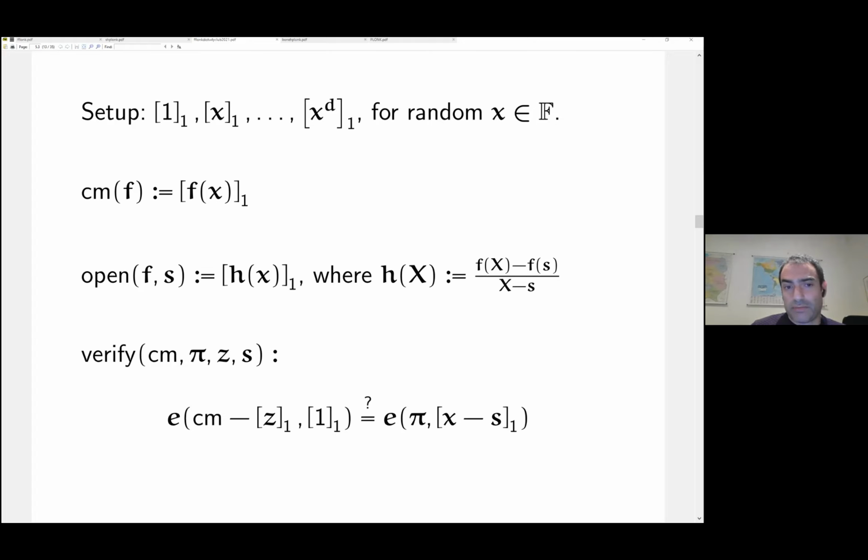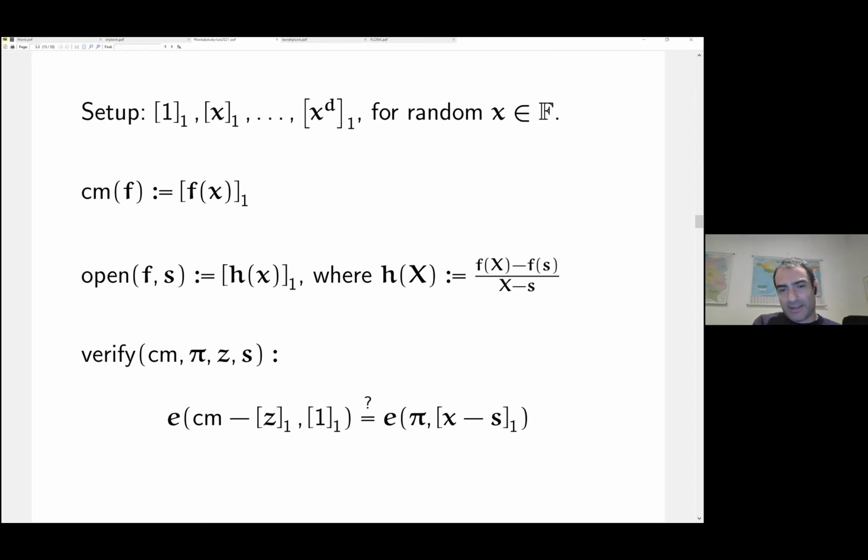And now, how does the verification work? Say I want to check that z is really f of s. So basically, I'm just using the pairing to check that h is of this form, which will correspond to: is the commitment minus z encoded the same as the pairing of pi and the encoding of x minus s, right?